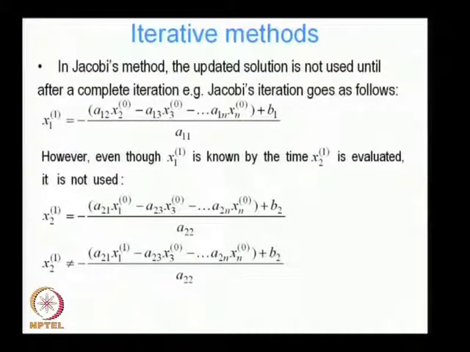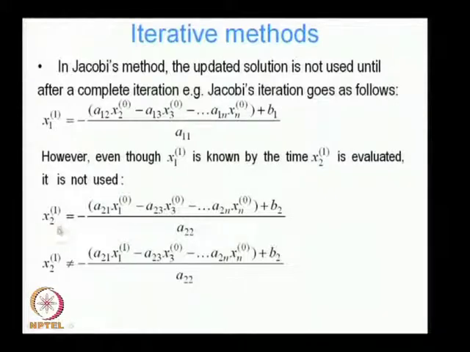So, in Jacobi's method, the updated solution is not used until after a complete iteration. For example, Jacobi's iteration goes as follows. For instance, we start with all the 0 values. We know x1 0, x2 0, so on and so forth, x3 0 up to xn 0. So, we compute x1 1 from this equation, but now we know x1 1.